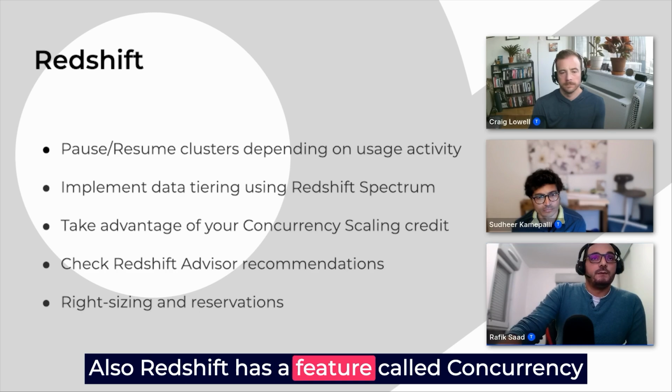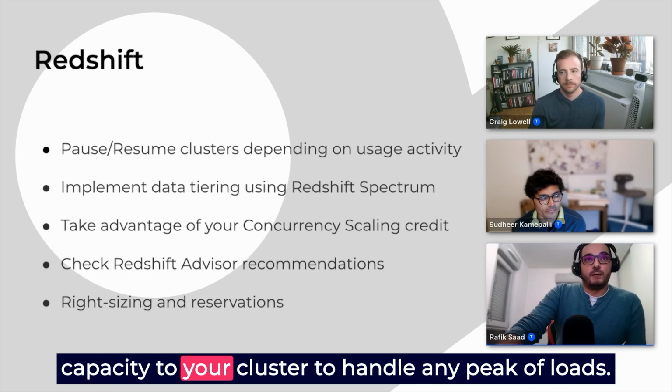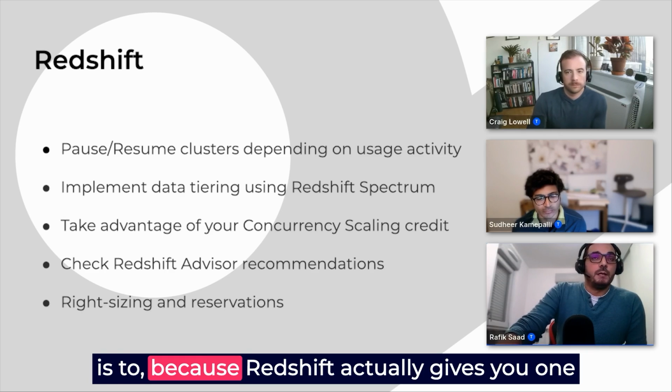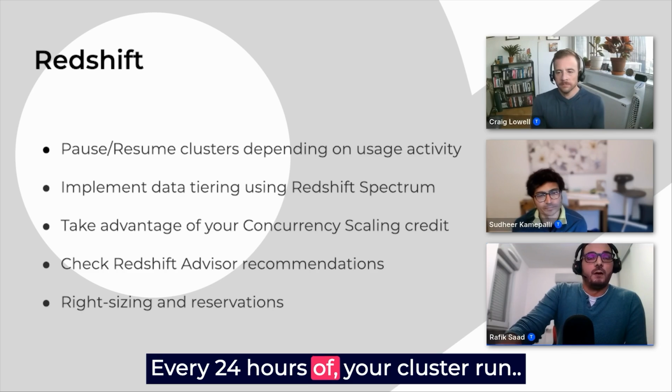Also, Redshift has a feature called concurrency scaling, which will actually dynamically add capacity to your cluster to handle any peak workload. So this feature comes with a good option because Redshift actually gives you 1 hour of free concurrency scaling capacity every 24 hours of your cluster.